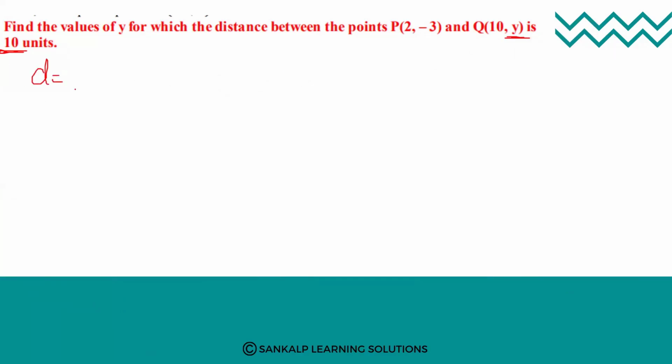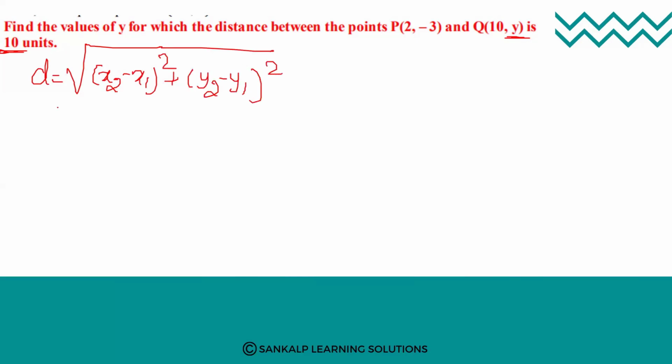Distance D is equal to square root of x2 minus x1 whole square plus y2 minus y1 whole square. This is the formula to find out the distance. Now, distance they have given, that is 10. This is P(2, -3) and Q(10, y). This is x1, y1 and this is x2, y2.